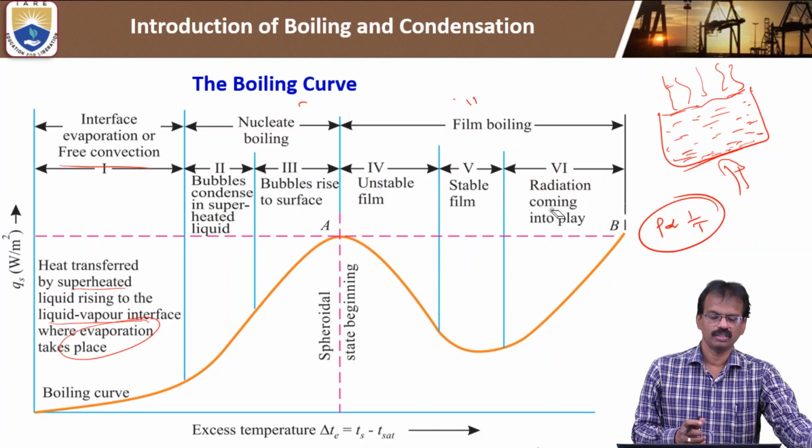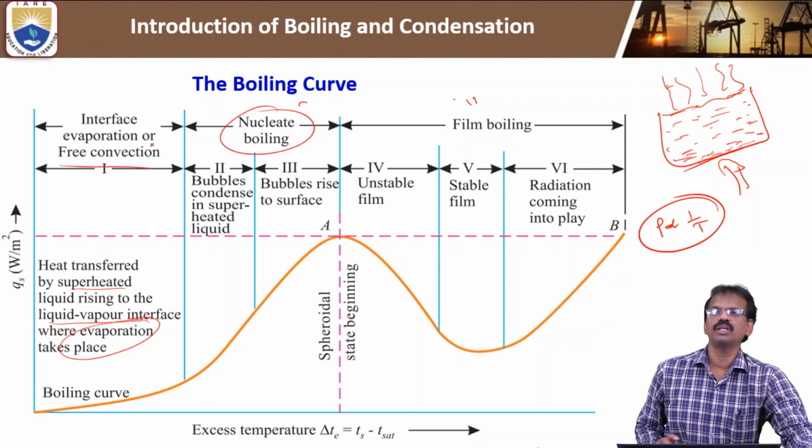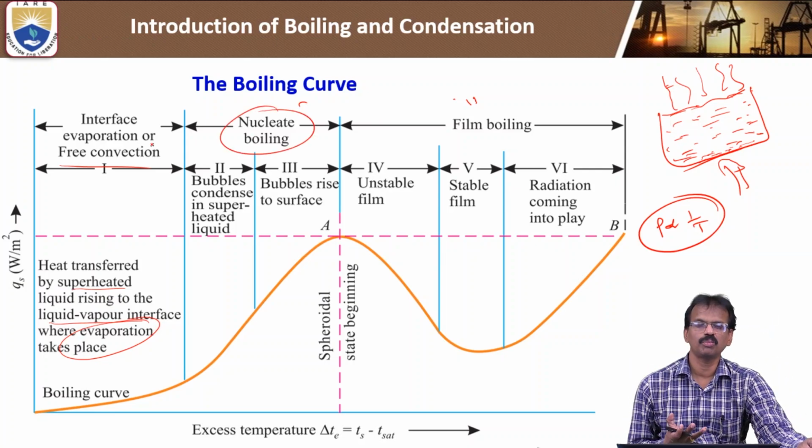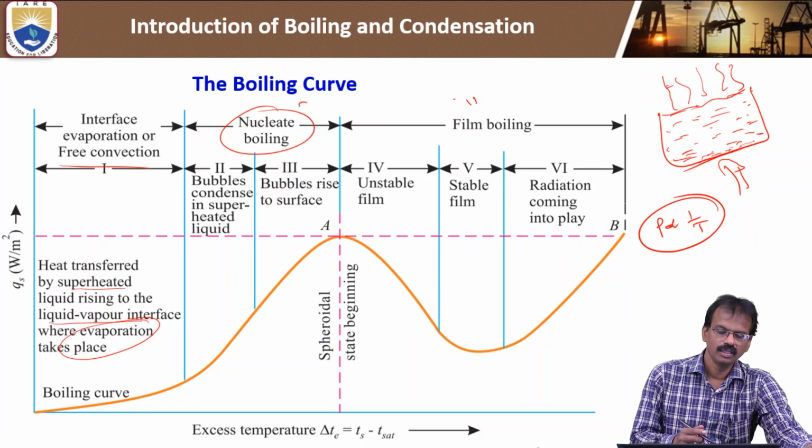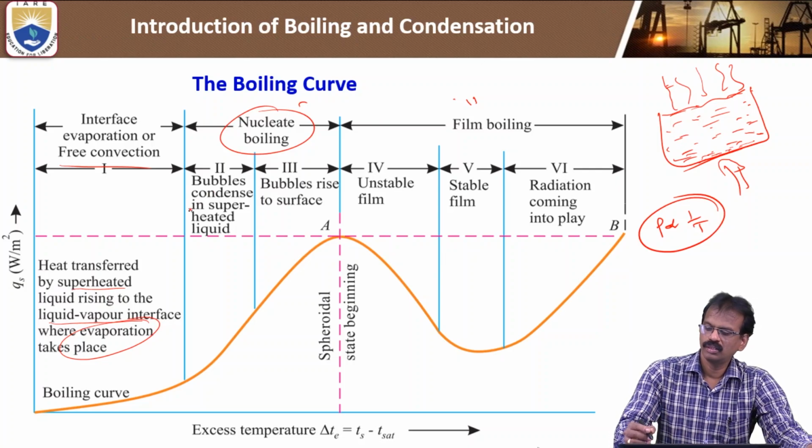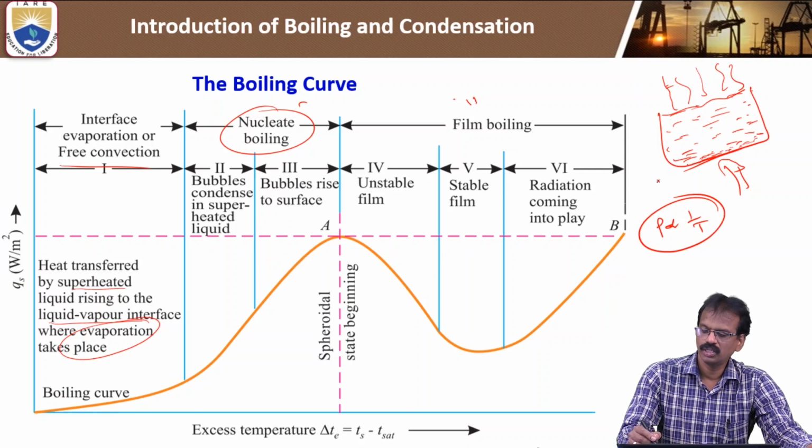Okay, next one is nucleate boiling. Nucleate boiling means bubble formation starts here. The fluid very near to the surface, due to the excess temperature delta T, is converted into bubbles. These formed bubbles propel upward due to the density difference.